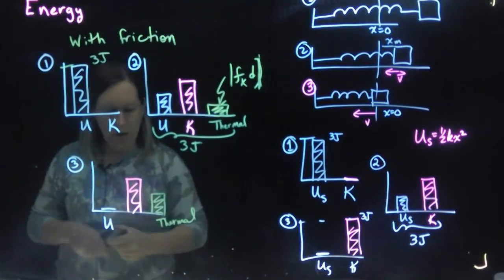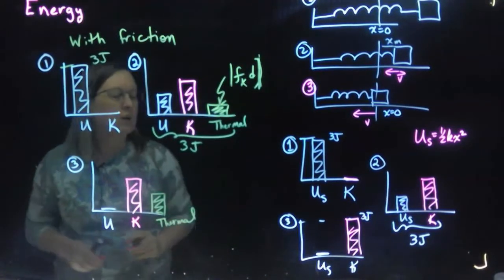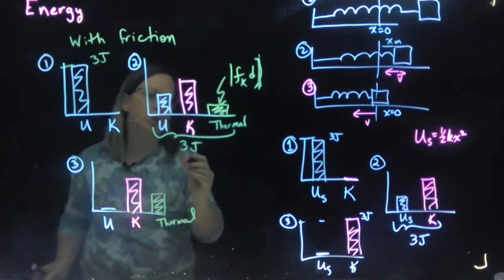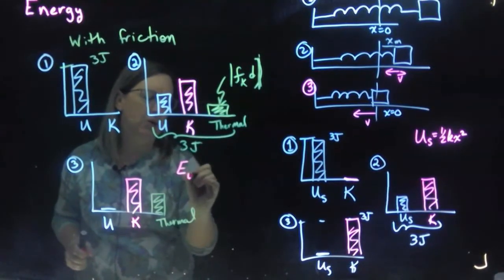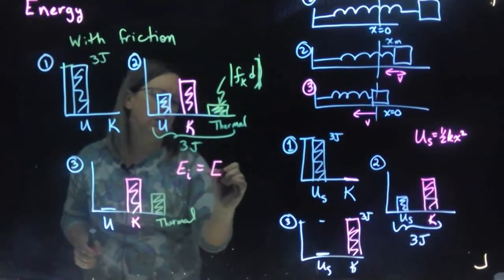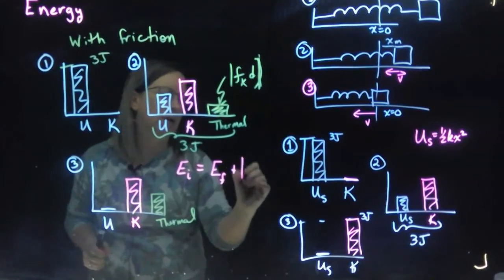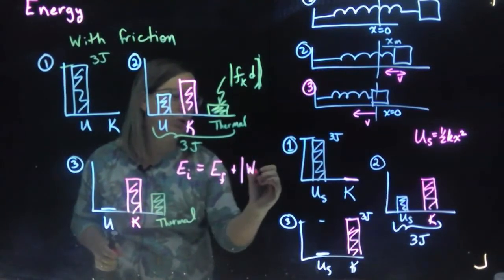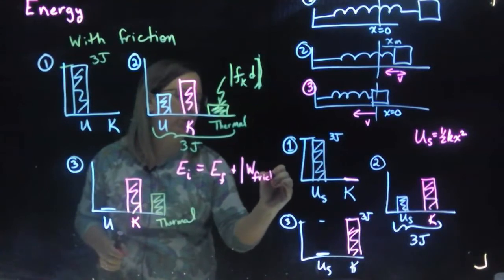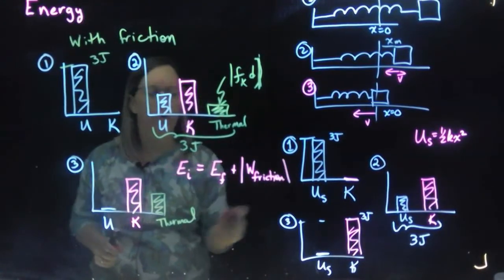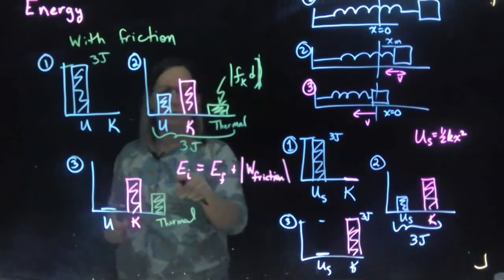Okay, so that's thermal and kinetic. And so if we wanted to write this as an equation, we could say E initial is equal to E final plus whatever work we had to do associated with friction, or thermal energy right there. These two need to add up.